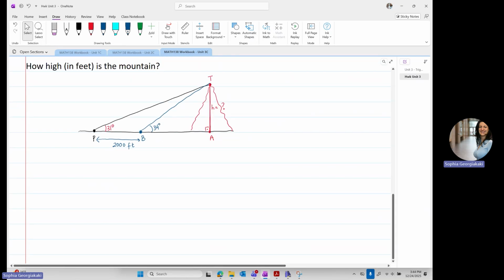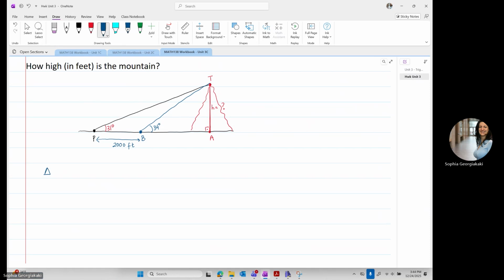Now, in the triangle APT, the adjacent to the angle P is AP. And in the triangle ABT, the adjacent to the angle B is AB.